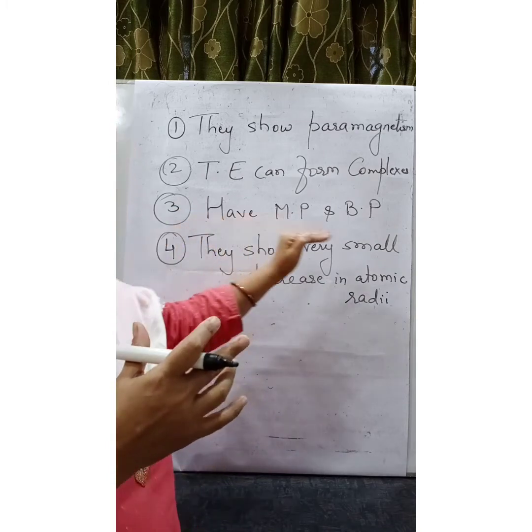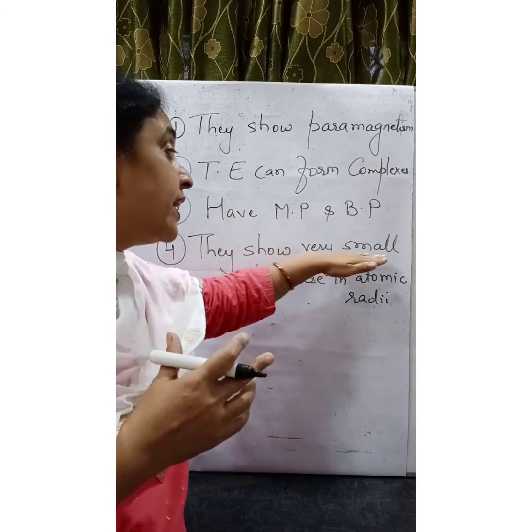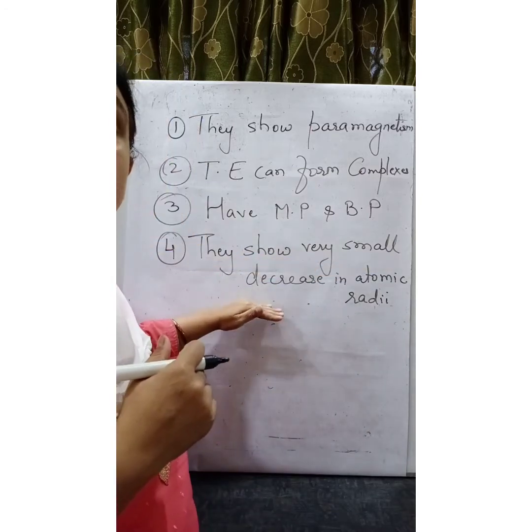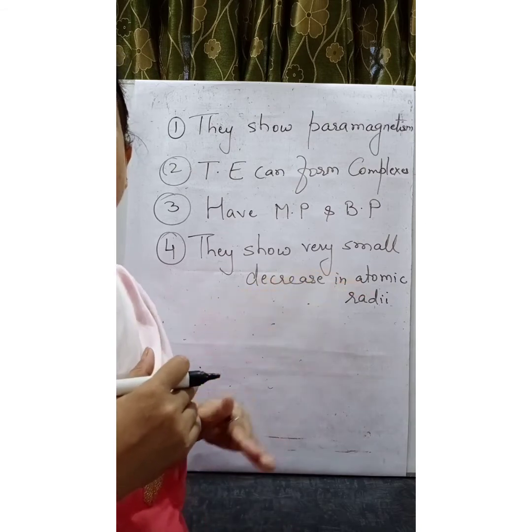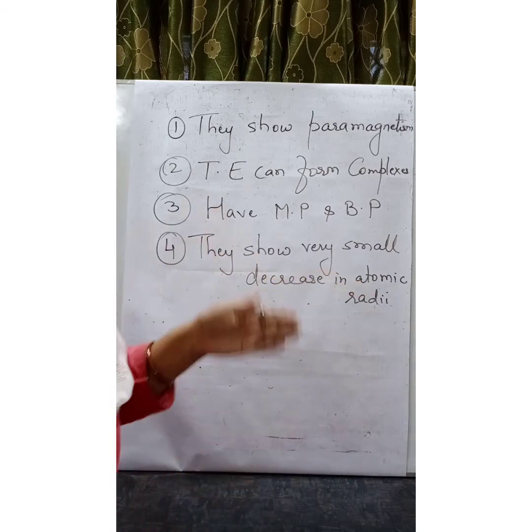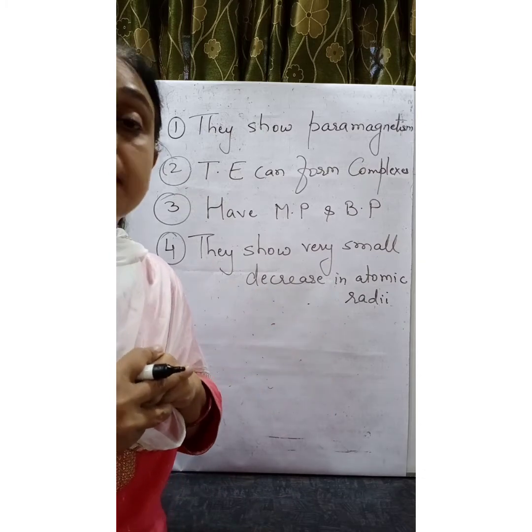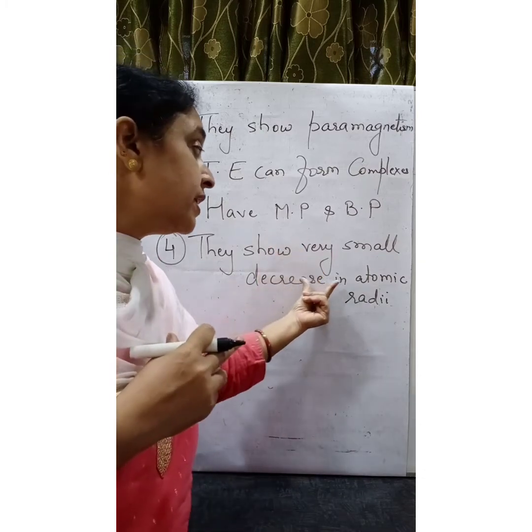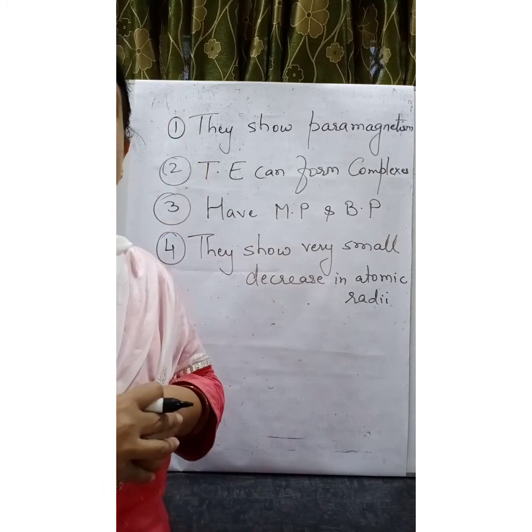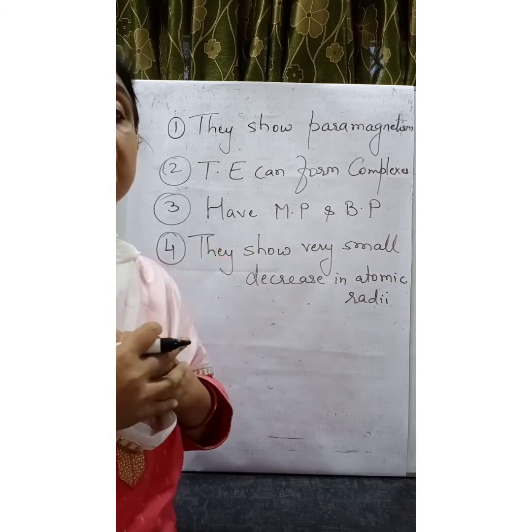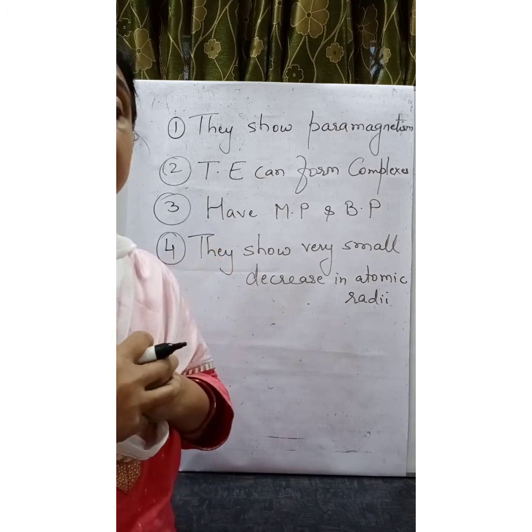But in case of transition elements, we find that there is a small decrease in atomic radii. Even though with the increase in atomic number, more and more nuclear charge is being added into the atom, still the decrease in atomic radii is very small. The reason behind this is the screening effect or the shielding effect.